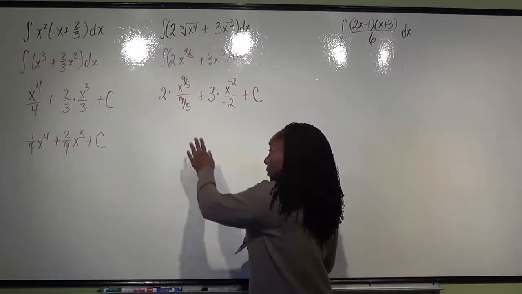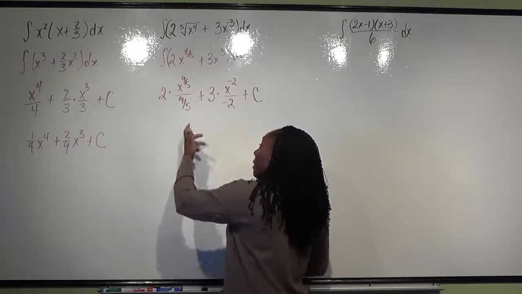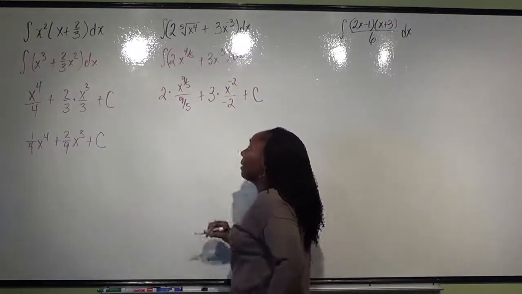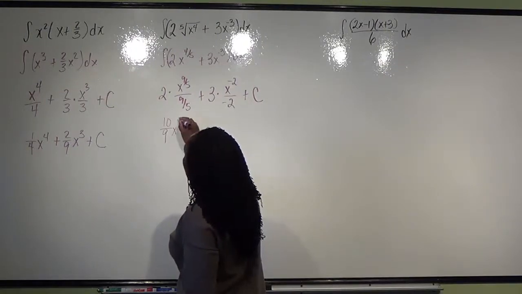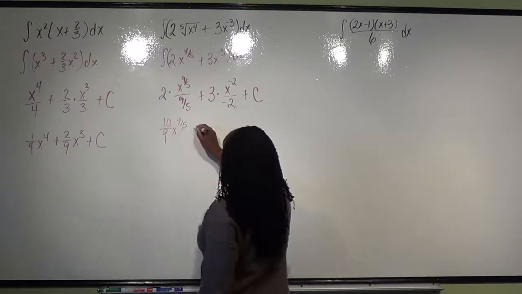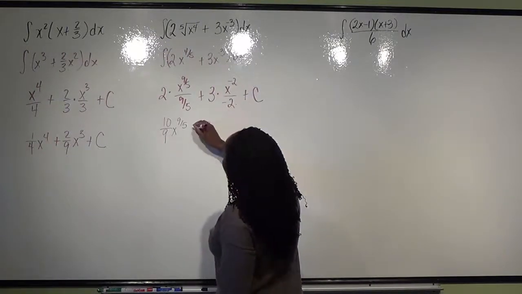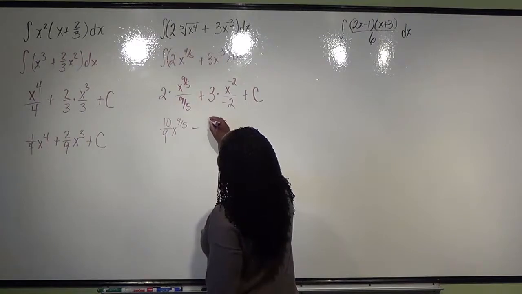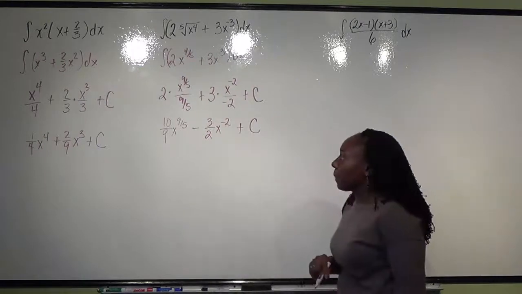Simplifying, I've got a fraction underneath the fraction bar, so I'm going to invert and multiply. So this is going to look like 10/9 x to the 9/5. Over here, that minus sign will come out, so minus 3/2 x to the negative 2 plus c.